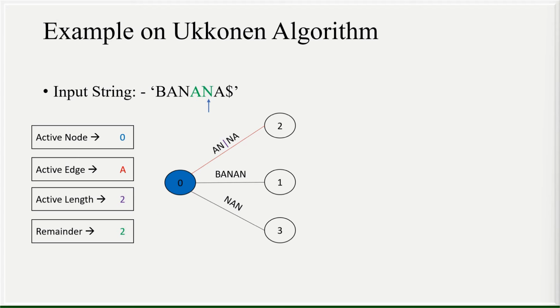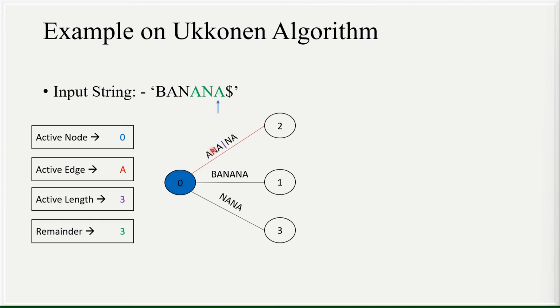Similarly for the next step, A and the remainder will get appended. The active length will also increase, and the values which have been repeated, so AN will be repeated, so we have added that. Again A, so ANA.